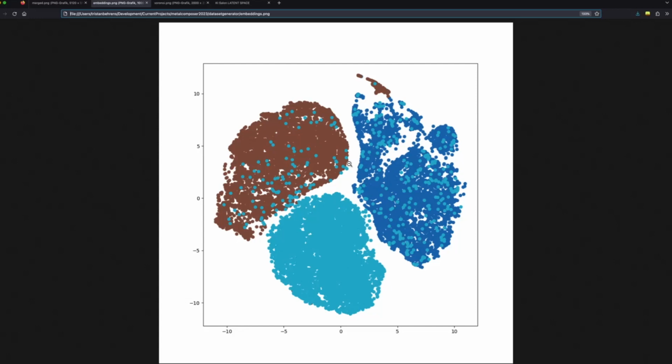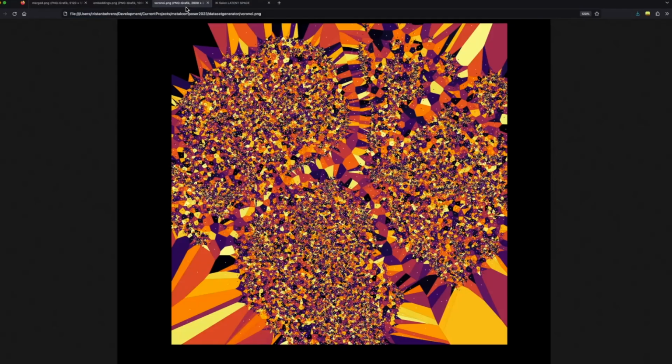Then I remembered, from when I was an undergraduate student, an algorithm called the Voronoi diagram, Voronoi tessellation, or Voronoi plane partitioning, where you take a set of usually 2D points and use them to partition a plane. Here is a good example of a Voronoi diagram, based on those dimensionality-reduced embeddings I just showed you.